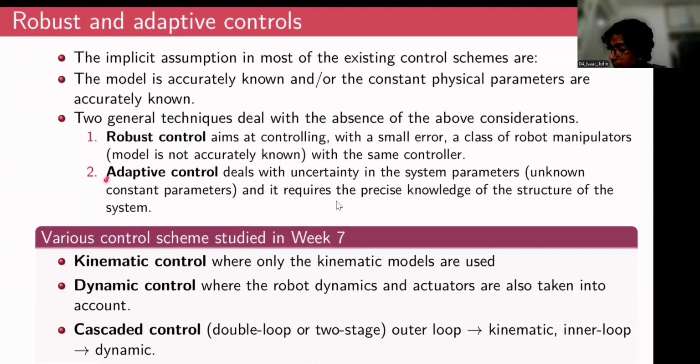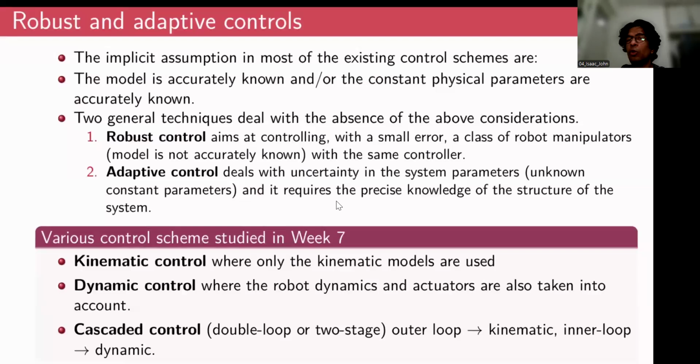Another aspect is adaptive control, which deals with the uncertainty in system parameters. And it requires the precise knowledge of the structure of the system. So in adaptive control, we accept the fact that the parameters are not known, and there is always an uncertainty associated with these constant parameters. Maybe the coefficient of friction. Probably if the tire, when it is brand new, would have a very high coefficient of friction.